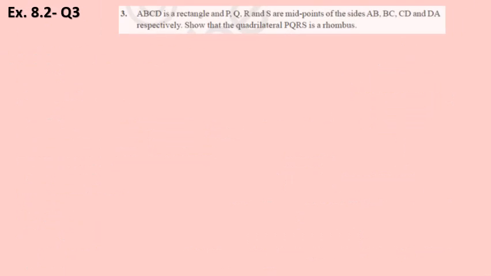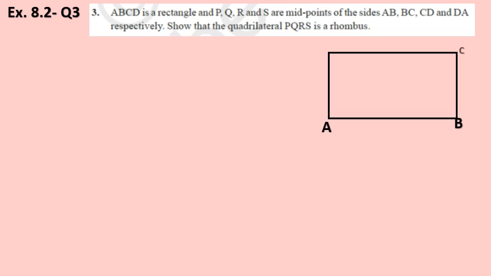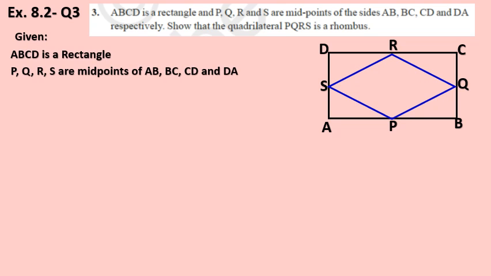Now next one, question 3. ABCD is a rectangle and P, Q, R, S are midpoints of the sides AB, BC, CD and DA. Show that the quadrilateral PQRS is a rhombus. So ABCD is a rectangle, P, Q, R, S midpoints of the sides, and we need to prove this PQRS is a rhombus.